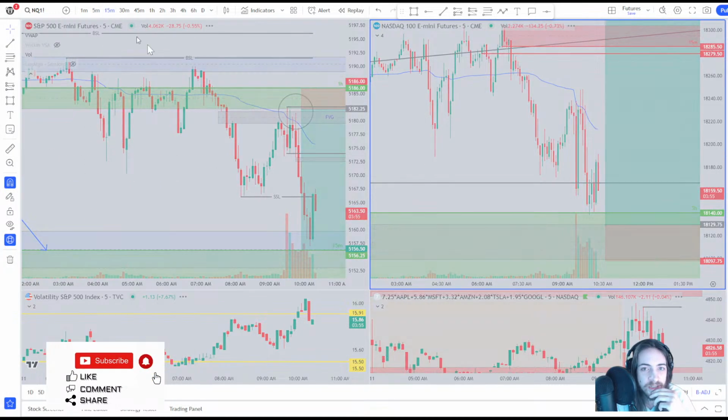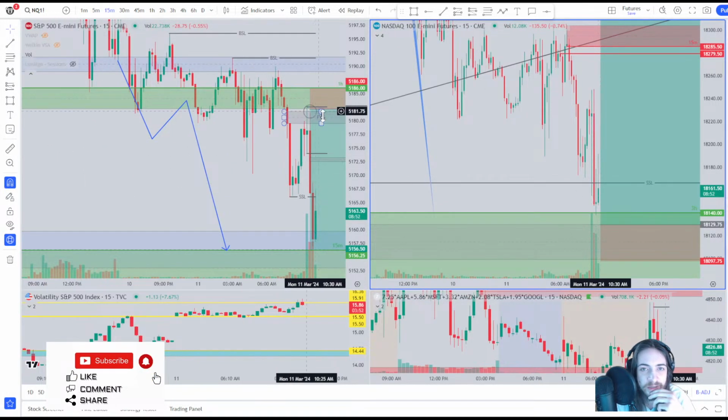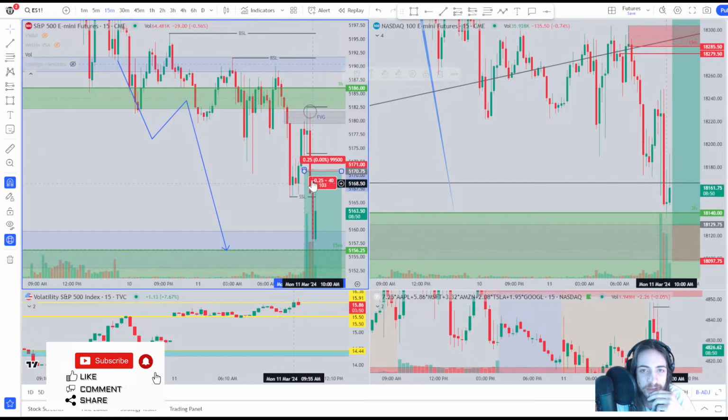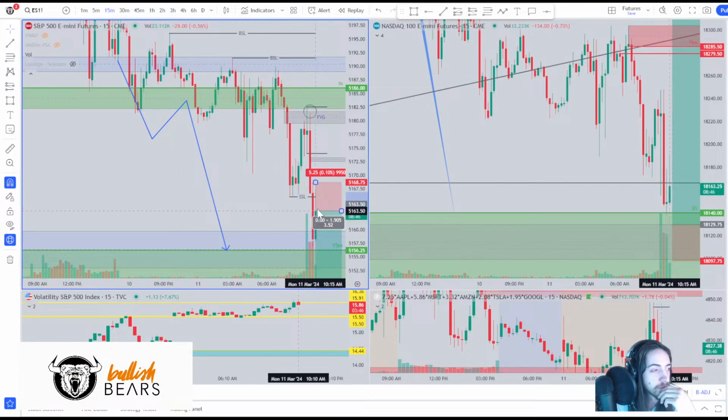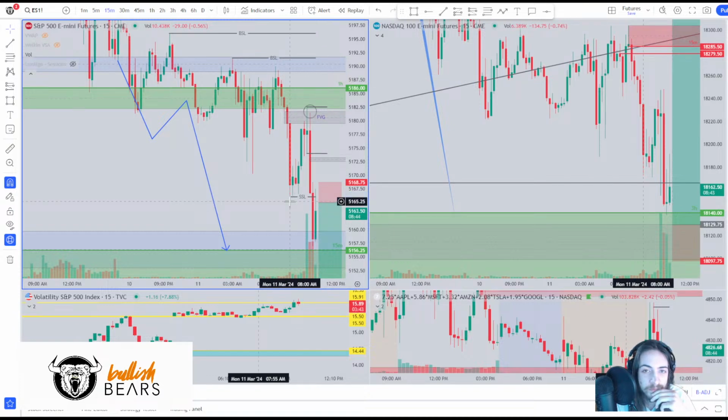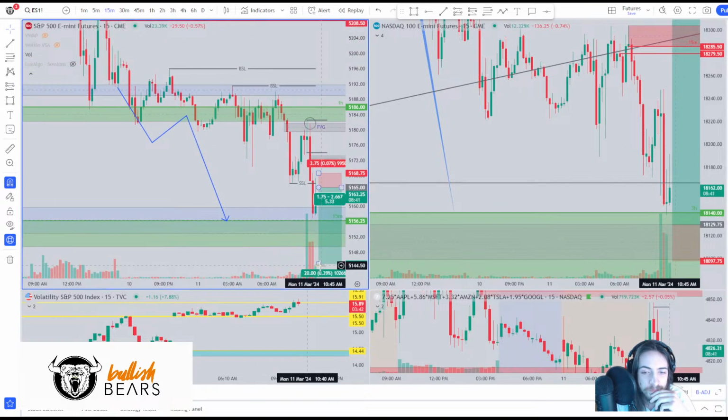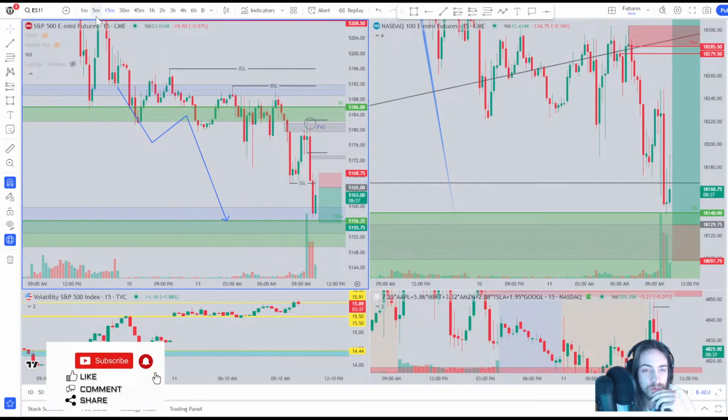Stop is 15-minute, previous 15-minute high. So now my short trade is looking like this. Two to one.